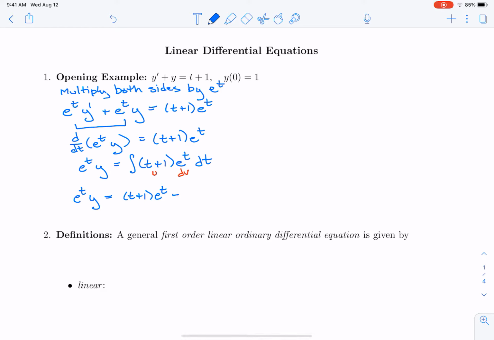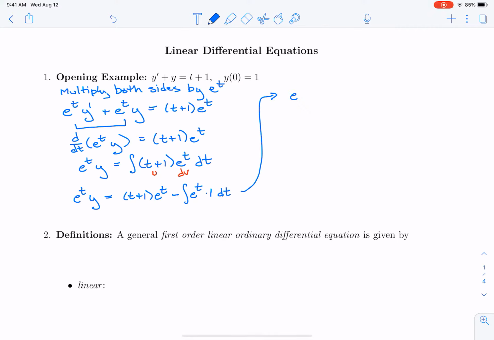And then that's going to be minus the integral of v, which we know is e to the t, times du, which if I take the derivative of t plus 1, that's going to be 1 dt. At this point, you're all familiar with integration by parts, so I believe that you could work out that integral yourselves offline. Okay, so let's keep going here.